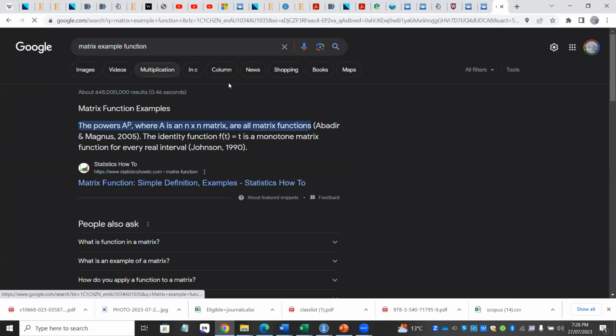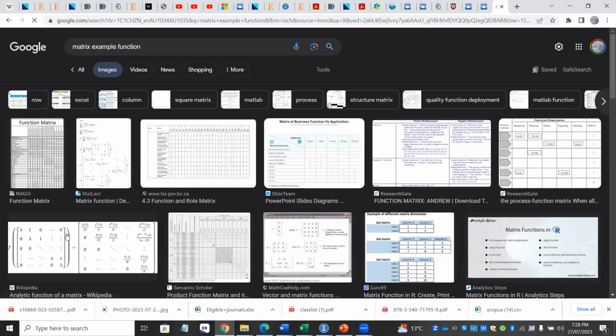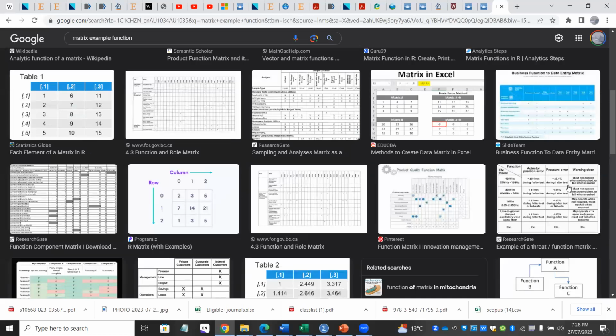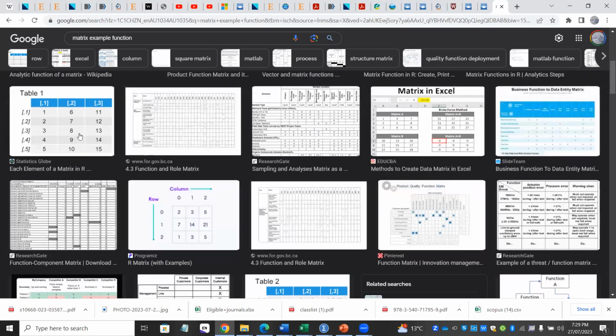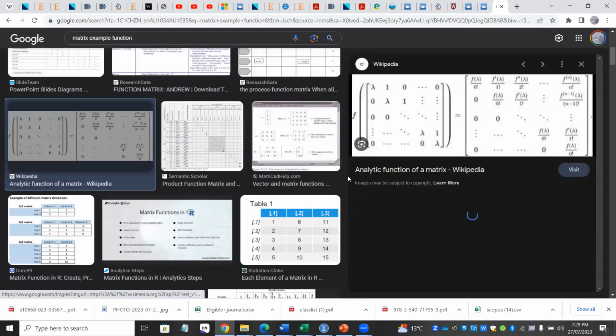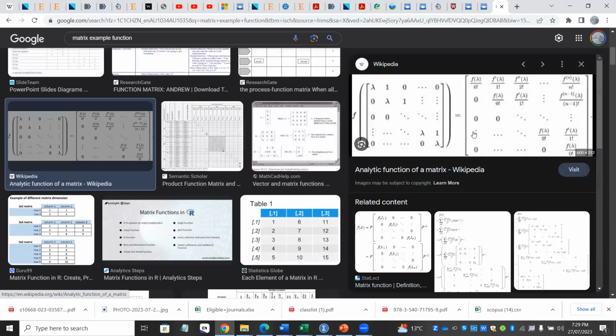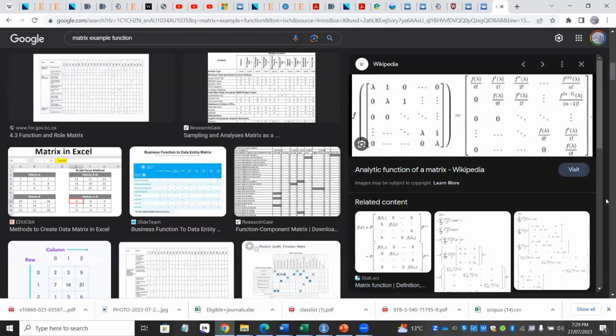You did a bit of mathematics, so you know this. Yeah, it comes in the form of this. Okay, so this is how matrices come.